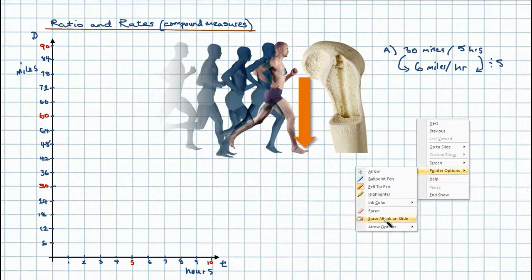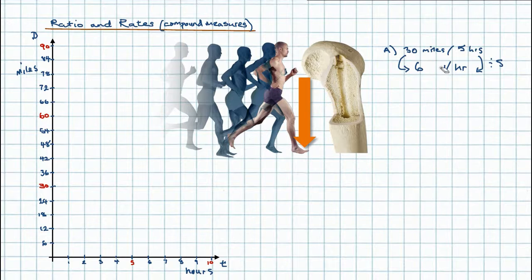Or we might want to write that simply as 6 miles per hour, which is how we usually write miles per hour. Okay, so what it means, a rate is 6 of one unit per 1 of another. So in this case, 6 miles per 1 hour. So we've got 6 miles per hour.